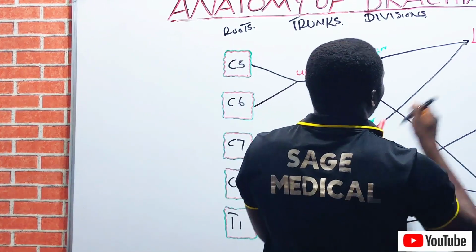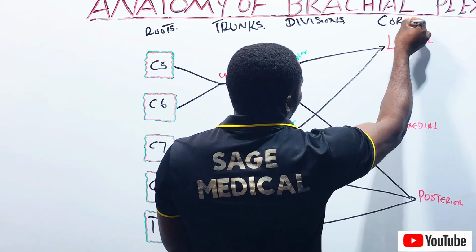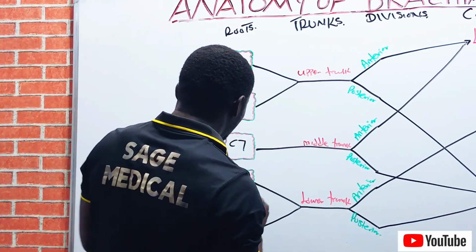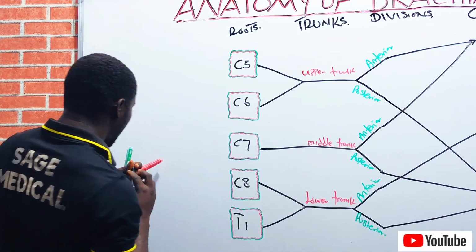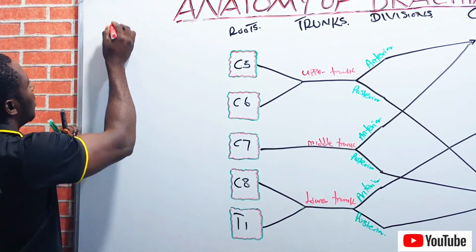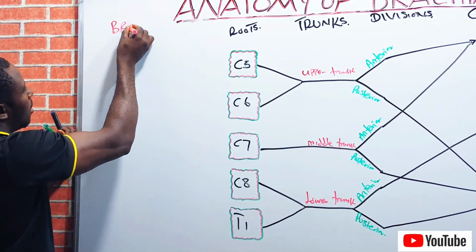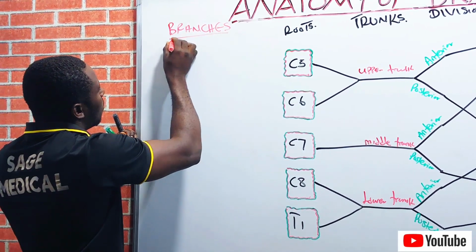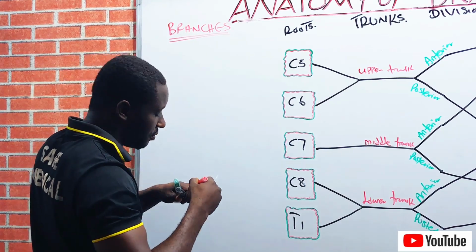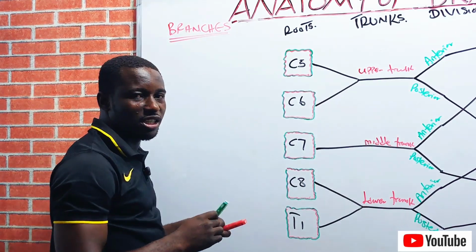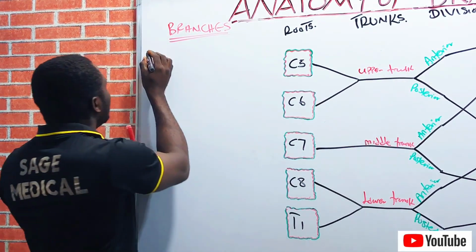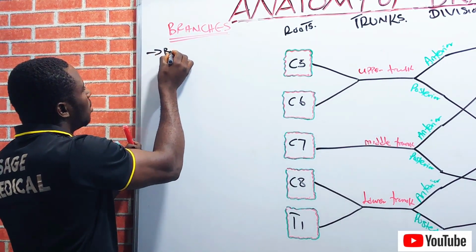So here are our chords. Okay, we have the branches. We'll be starting with the branches from the roots.